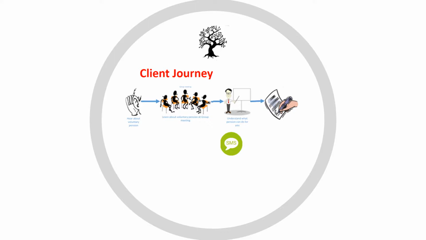Then she might have a group session to hear about what a pension is and receive a brochure to discuss with her husband. Next, she could have a one-on-one session to understand what a pension could do for her. If Maria is interested, she signs up and starts saving for a pension. Maria has said yes.